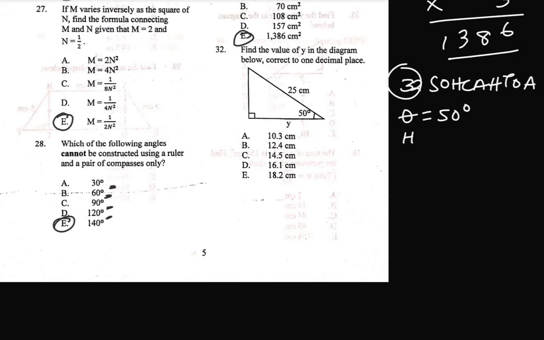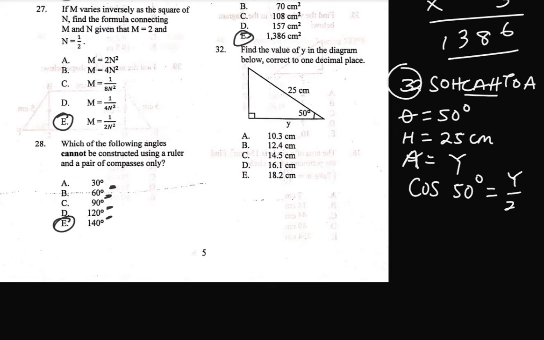The longest side, the hypotenuse, is 25 centimeters, and we know that the adjacent, according to the question, is y. So which trigonometric function has hypotenuse and adjacent? That is C, cosine. So cos theta, 50 degrees, equals adjacent over hypotenuse, that's y over hypotenuse, which is 25 centimeters.